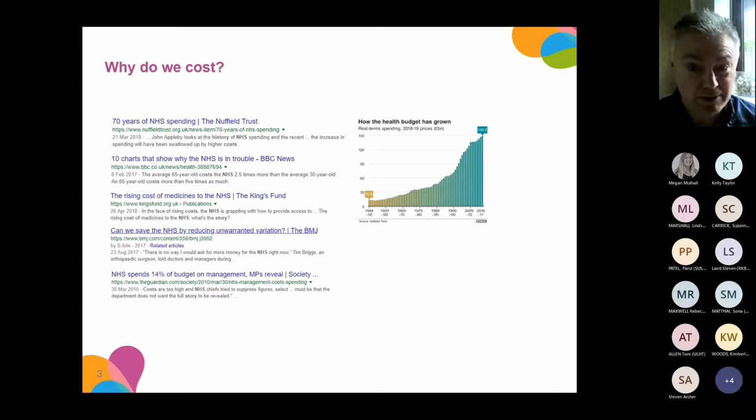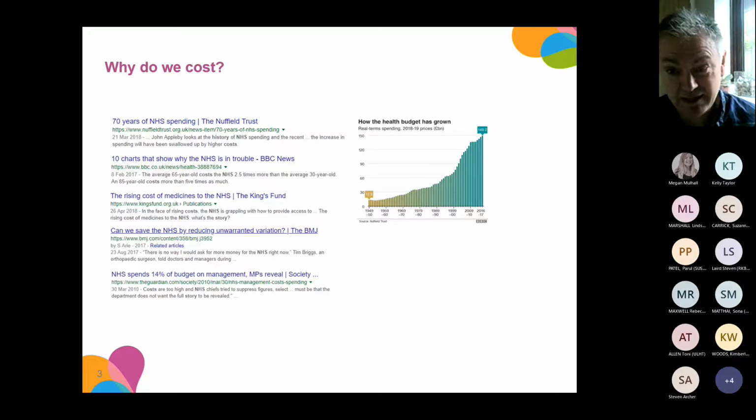And what we're able to do when we submit those costs is then benchmark against other organisations. And there's initiatives like GIRF, Getting It Right First Time, and model hospitals that use that information to improve the efficiency and effectiveness of the NHS. And obviously, there's lots of information out there.